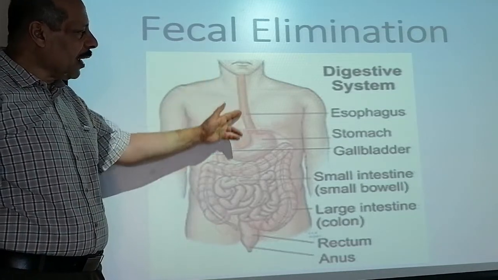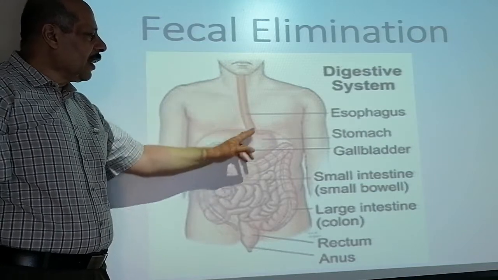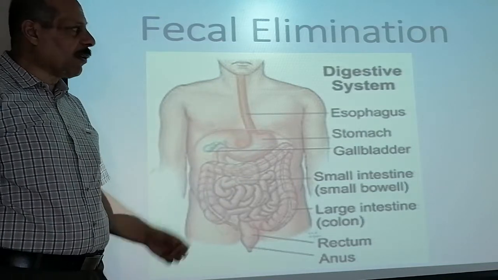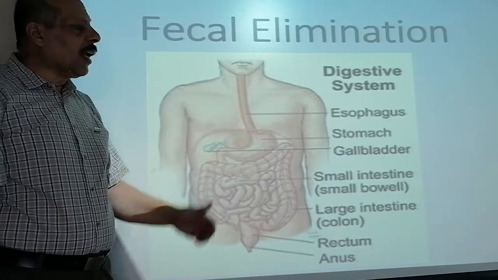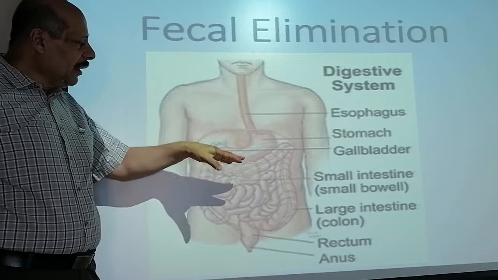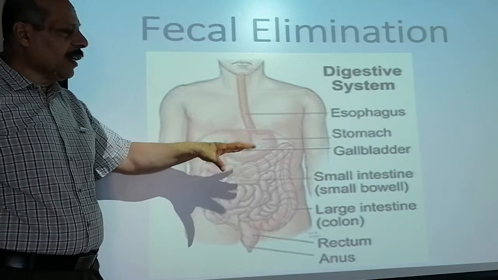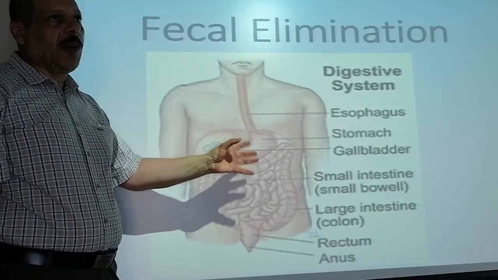Then it will go to the esophagus, and from the esophagus to the stomach. At the stomach, most of the chemical digestion will happen. After it is digested in the stomach, it will go to the small intestine.